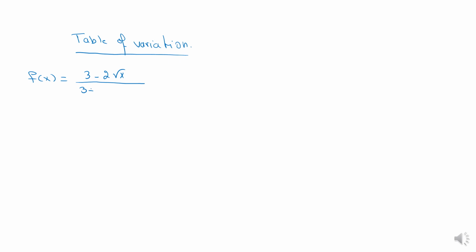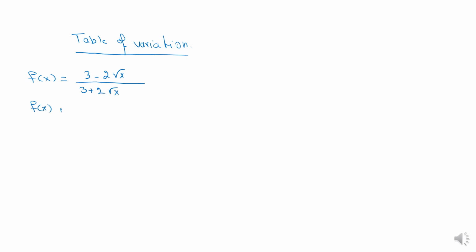Now for the table of variation of f of x. So table of variation, we have f of x is 3 minus 2 radical x over 3 plus 2 radical x.